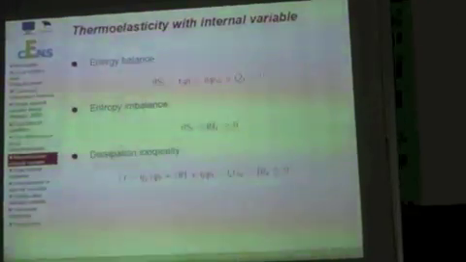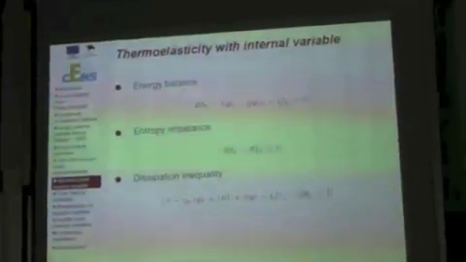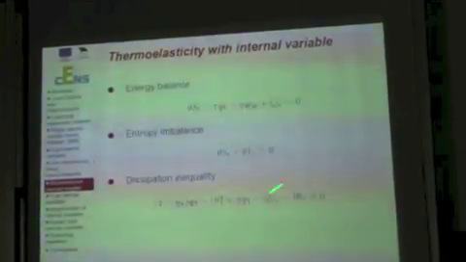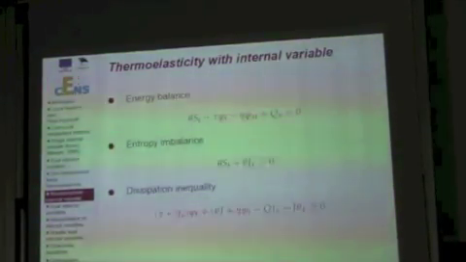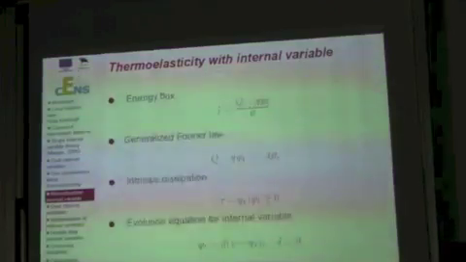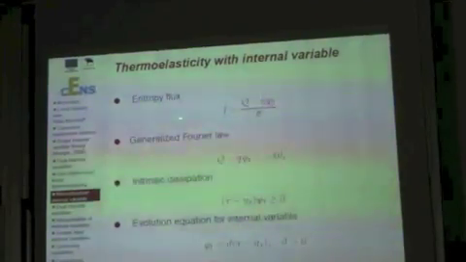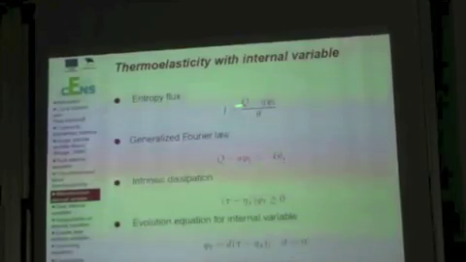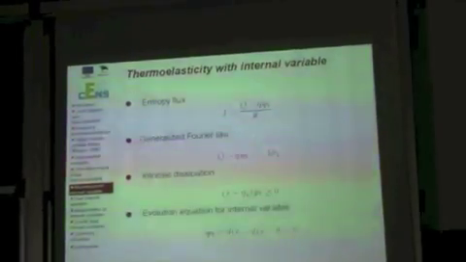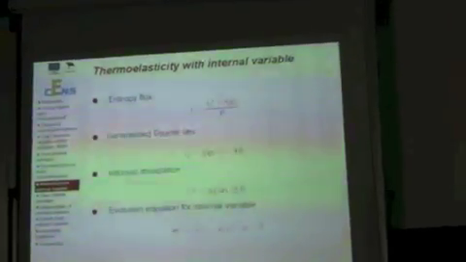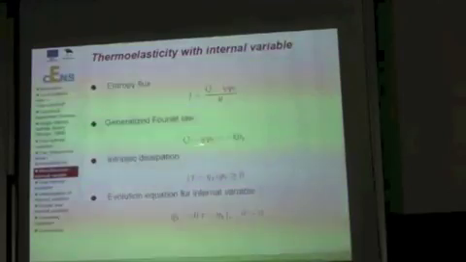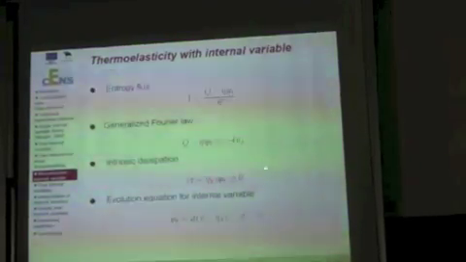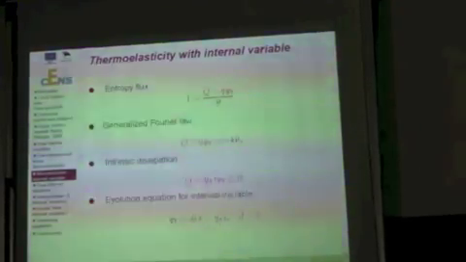The main idea of the introduction of entropy flux by Gérard Maugin is to eliminate this divergence term. So we go in a similar way and define the entropy flux like this. It is the standard entropy flux, and this is some additional extra entropy flux. The Fourier law is generalized in this form, and we have intrinsic dissipation in this form.